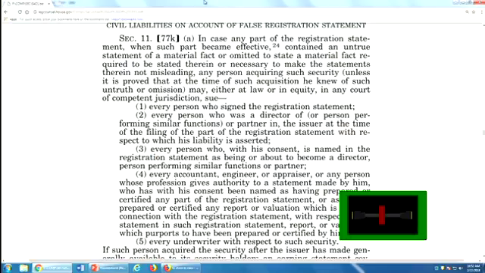Okay. The elements. Misstatement or omission. Material fact that the plaintiff did not know, and there is no due diligence defense available. Are there questions on the elements of Section 11 liability?